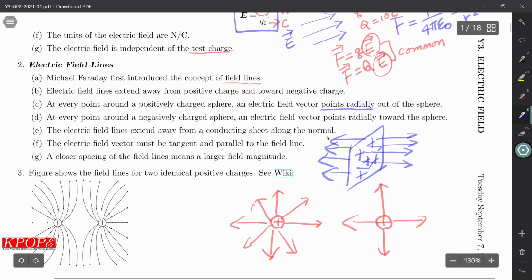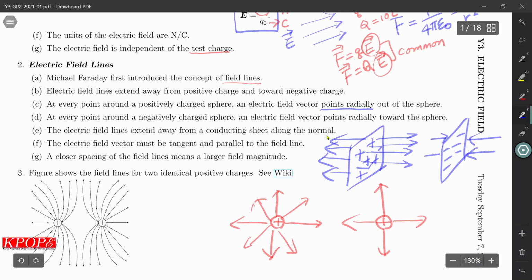What happens if I have a negatively charged plate? For a negatively charged plate, the electric field lines approach the surface. The direction is normal to the surface.